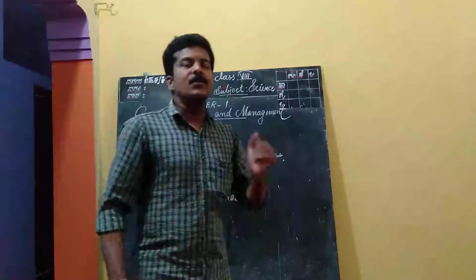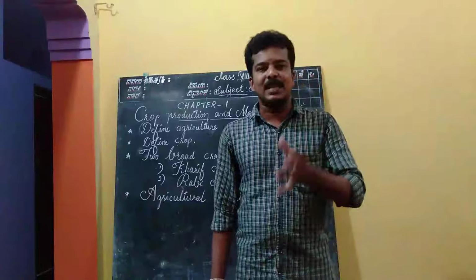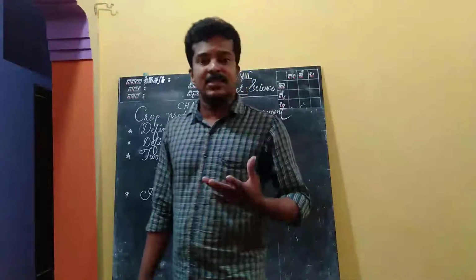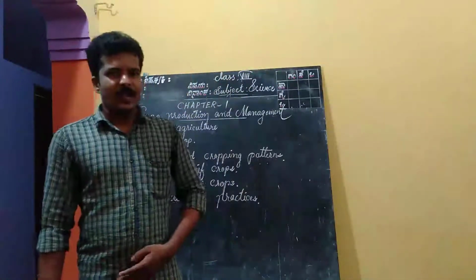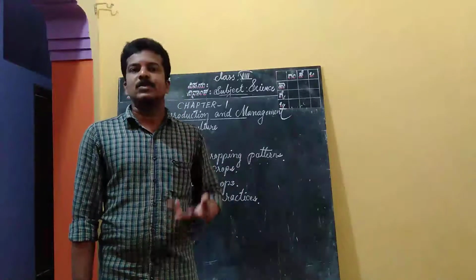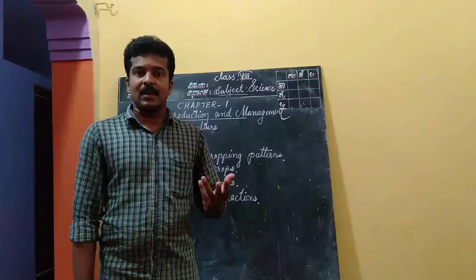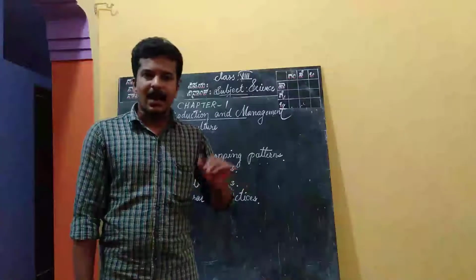Okay, anyhow, we can start from agriculture. Most of the students may think that agriculture means just growing crops. No. Agriculture is not just growing crops; even poultry farm, fisheries, cattle, and all those things come under agriculture only.